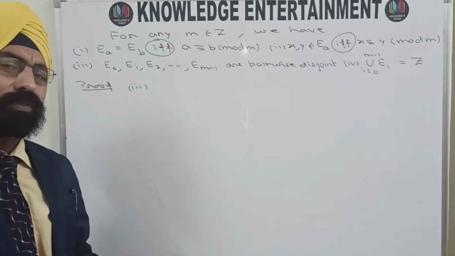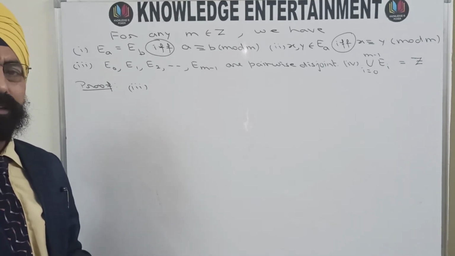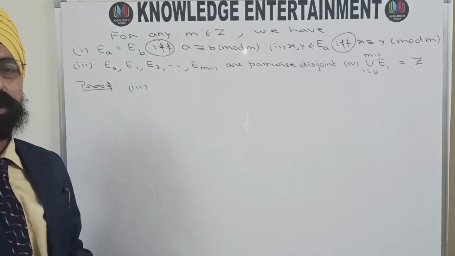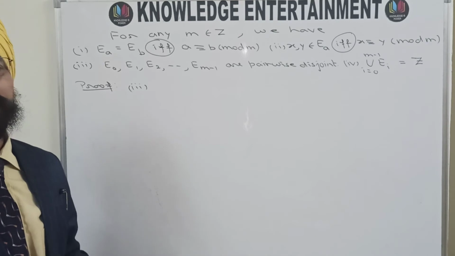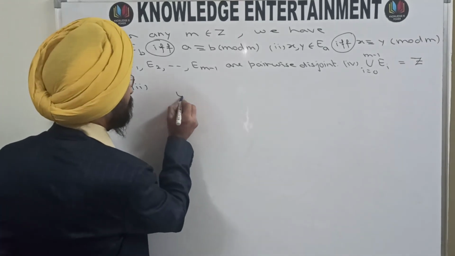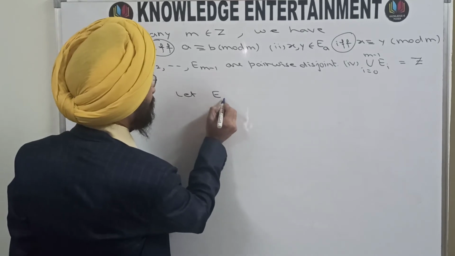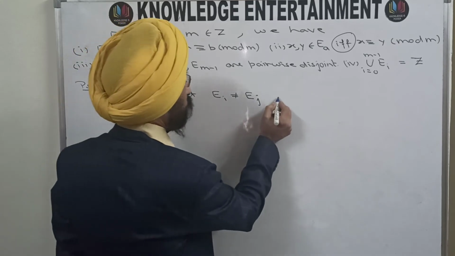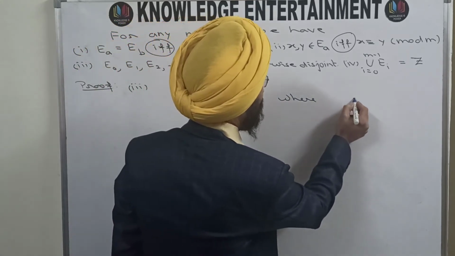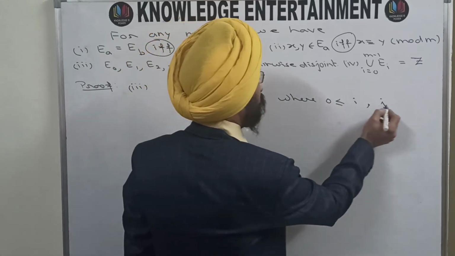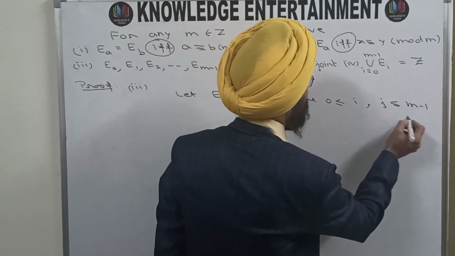So I'll take any two of them and suppose they are distinct, not the same, and then I'll show that their intersection is phi. So let EI not equal to EJ, where both I and J are greater than or equal to 0 but less than or equal to m minus 1.